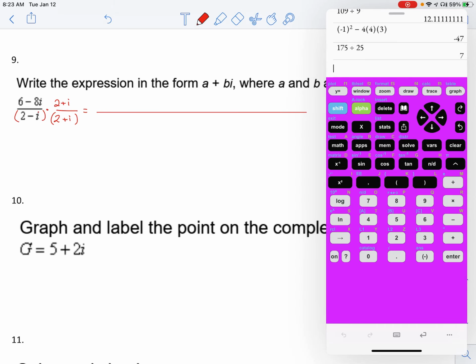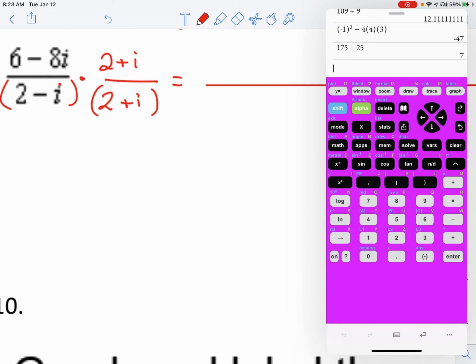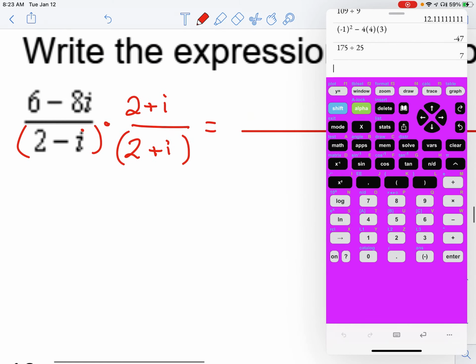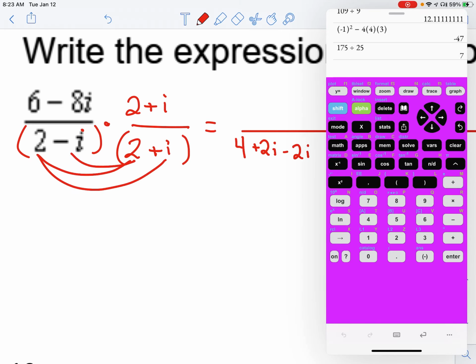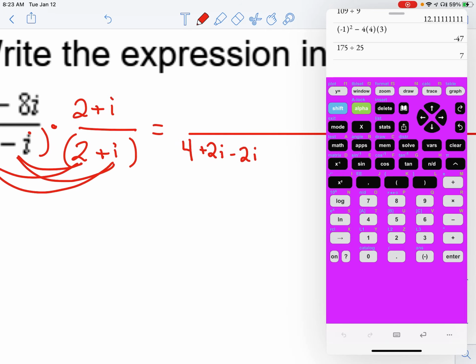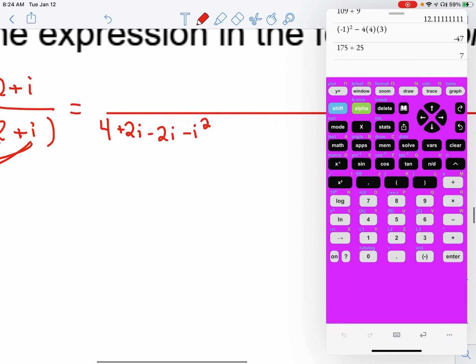Okay, so working out the entire denominator, I do 2 times 2 is 4. I'm going to zoom in so you can see the arcs. 2 times i is positive 2i on that one. Negative i times 2 is negative 2i on that one. Negative i times positive i is negative i squared. So the 2i's cancel out.